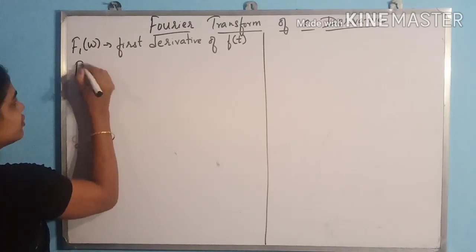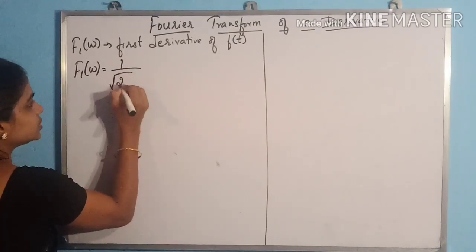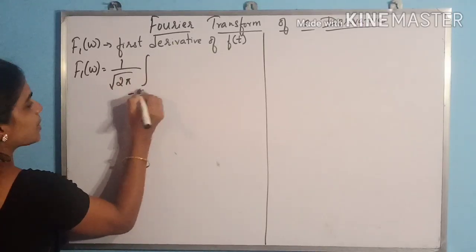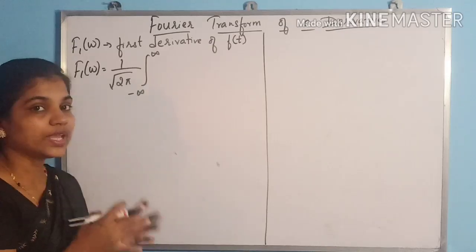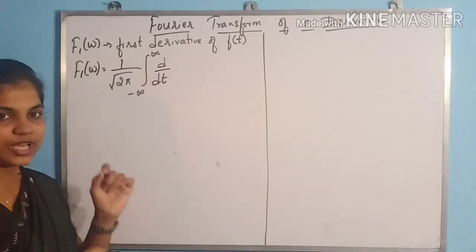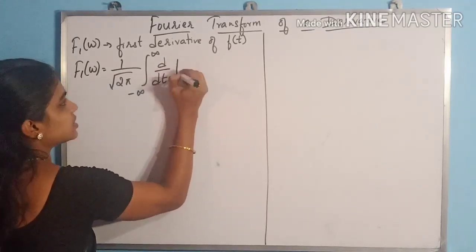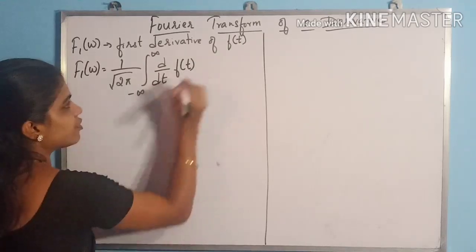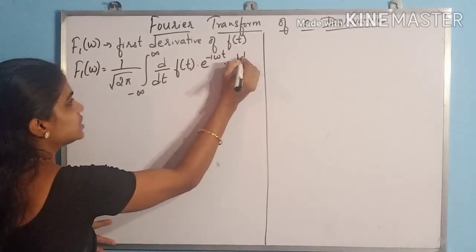So f1 of omega is equal to 1 by root 2 pi integration minus infinity to plus infinity. Here we are going to write d by dt, so we differentiate with respect to t. So this is d by dt of f of t into e raised to minus i omega t into dt.